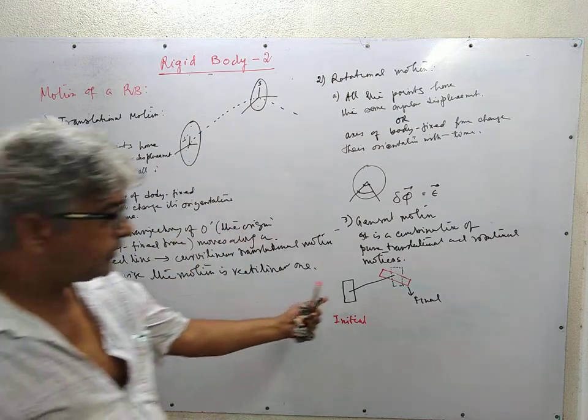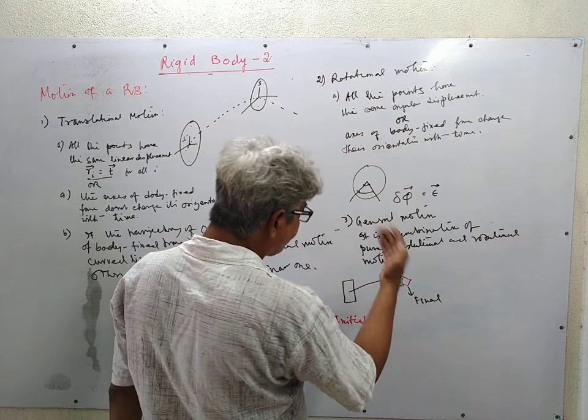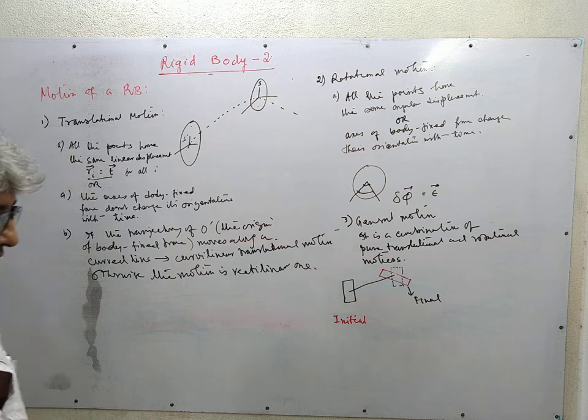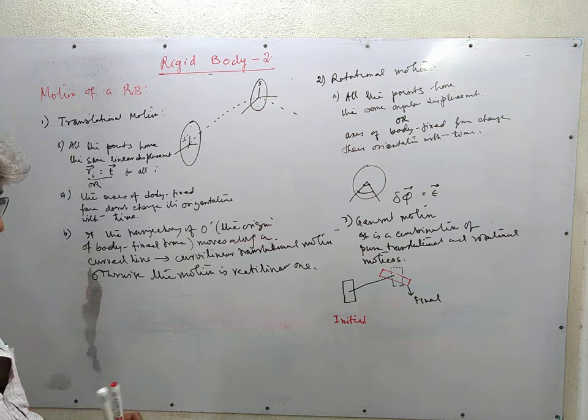So in general, the motion of the rigid body may be looked upon as the combination of these two. Now, how do we realize this? Say we fixed a particular point of a rigid body.